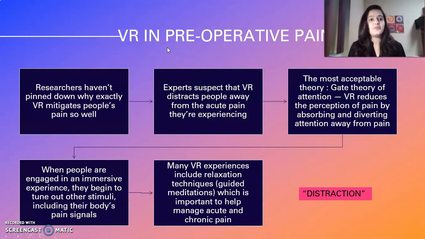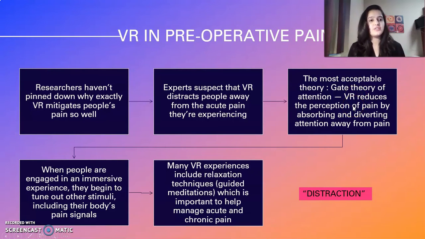Now we are in the preoperative pain. Researchers don't exactly have a theory of how VR mitigates the pain and how it helps to reduce the pain, but we would be talking about some of the possible explanations for it. Experts suspect that the VR distracts the people away from the acute pain they are experiencing. The most acceptable theory is the gate theory of attention.